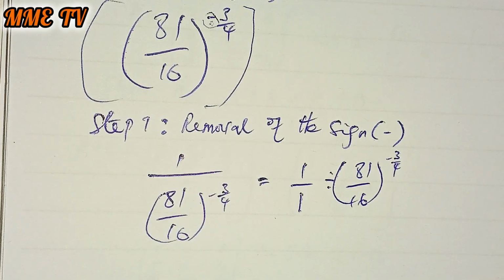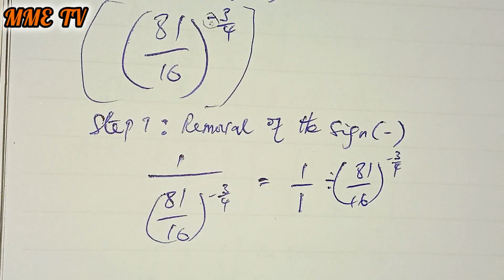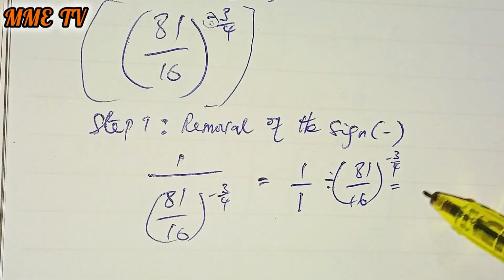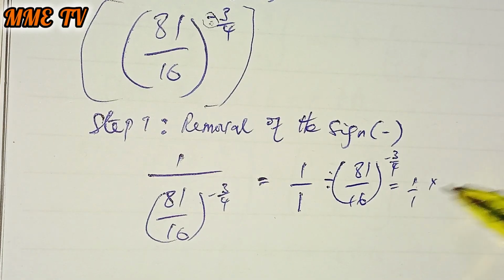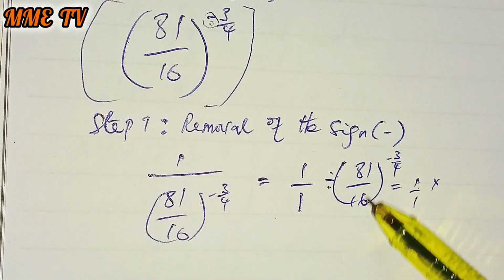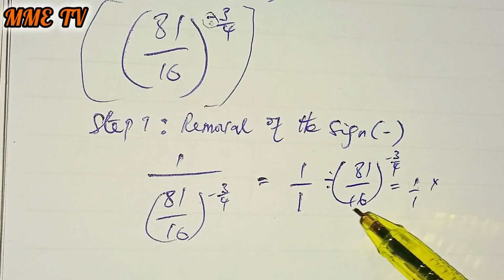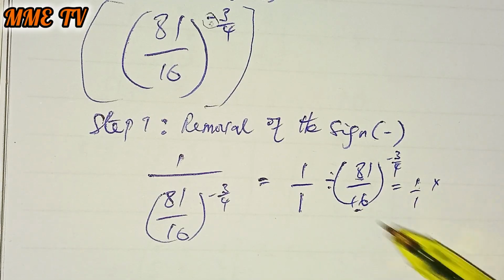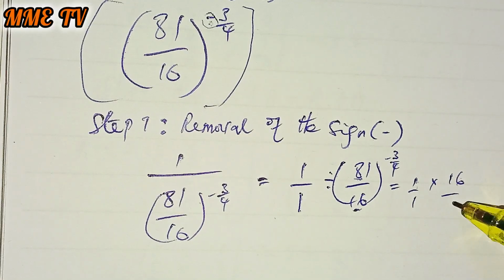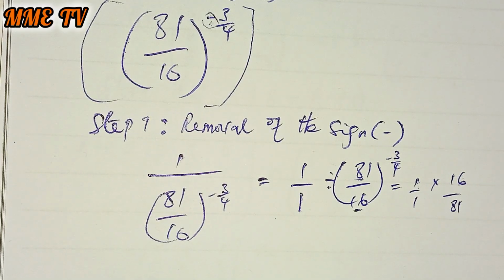Now, our junior or primary mathematics ought to have taught us that when we have something like this, that is equivalent also to 1 over 1 multiplied by, this time around, you are going to turn the denominator and the numerator upside down, which would be 16 over 81.